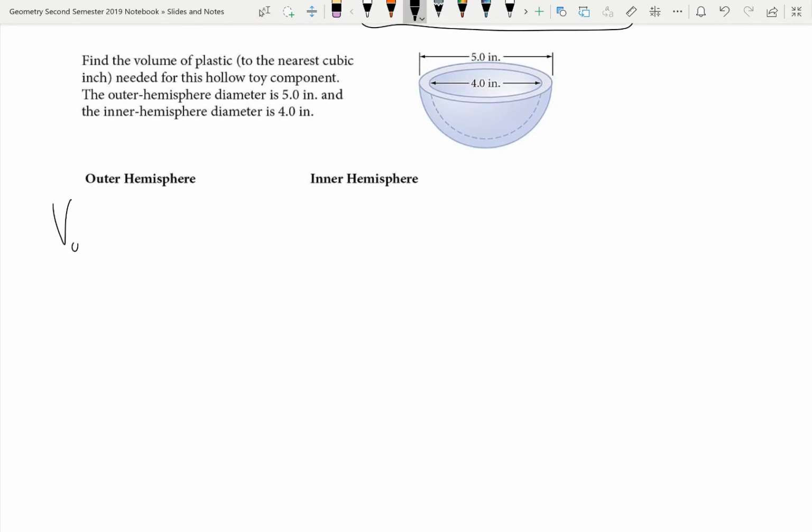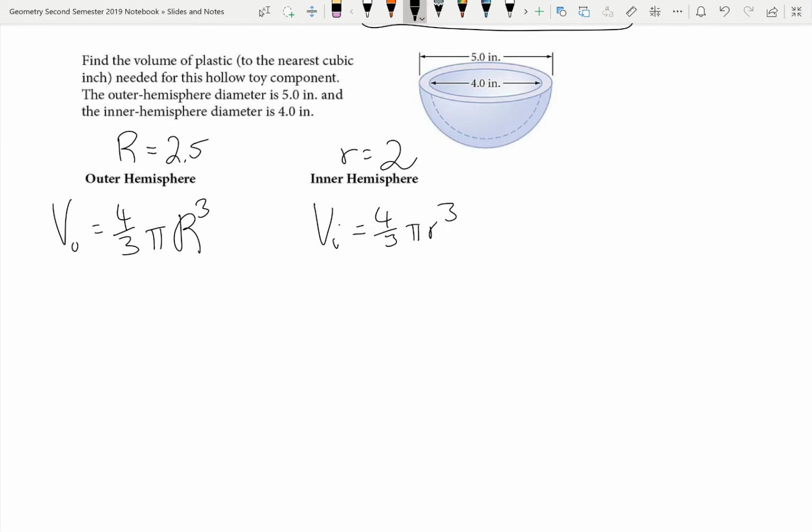The volume of the outer is equal to 4/3 pi. Use uppercase R to indicate the radius of the outer, which is 2.5. Lowercase r is the radius of the inner, which is 2. So the inner would be 4/3 pi r cubed.